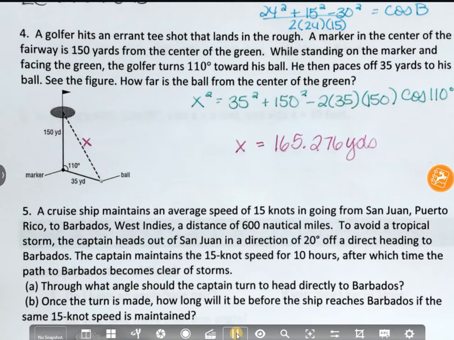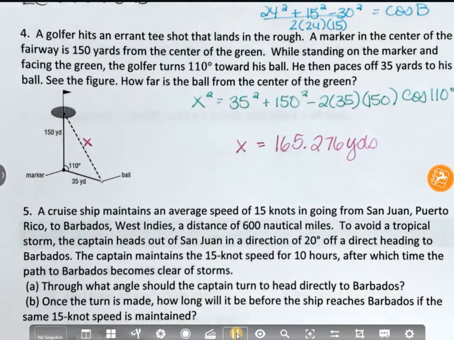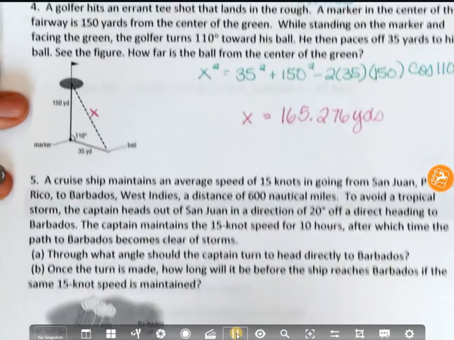Beast mode math. So, one more problem. Can you do it? We can do it. Yay! Yeah, we're doing great. Awesome sauce.